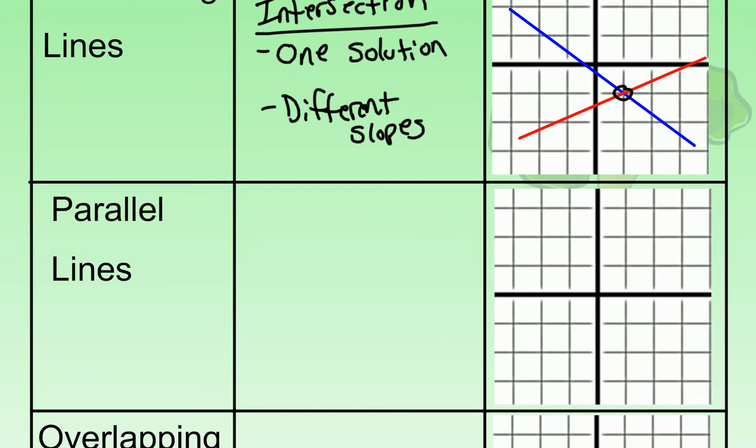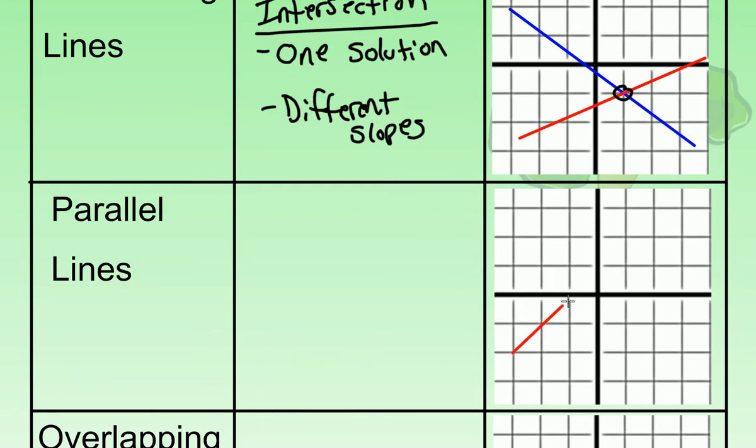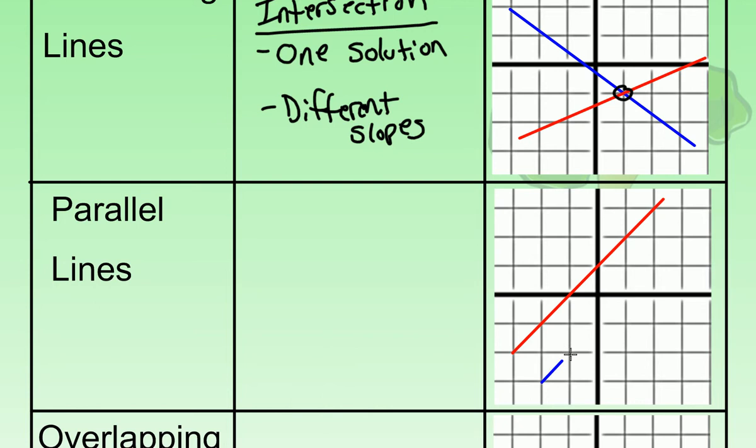Okay. Parallel lines. Well, let's have one line here, and another line here. Okay, so my two lines there are parallel. So what do we know about them? We know that these two lines have no solution, or I should say there's no intersection.